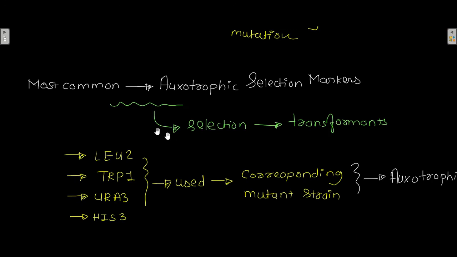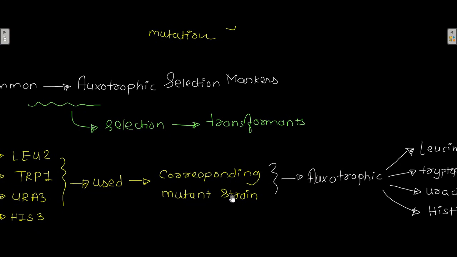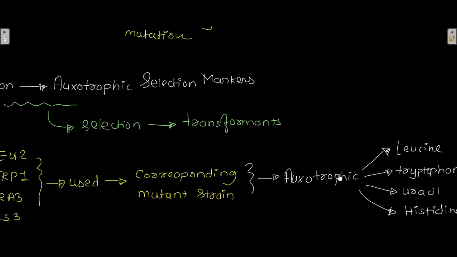The most commonly used auxotrophic selection markers for the selection of transformants are these genes, that is LEU2, TRP1, URA3 and HIS3. If you are using LEU2, then you have to use a mutant strain that is auxotrophic for leucine.